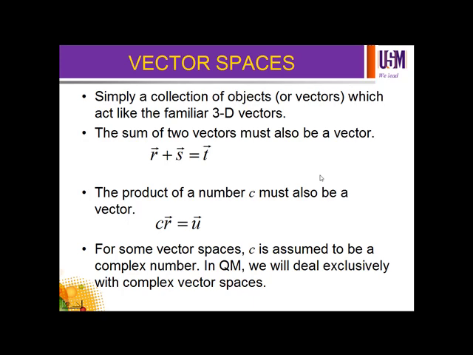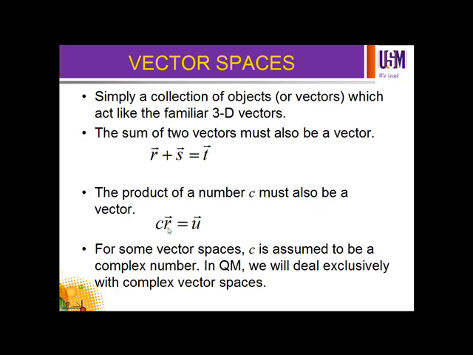The sum of two vectors must also be a vector. For example, if you have vector r plus vector s, then you have another vector t. The product of a number c with a vector must also be a vector.